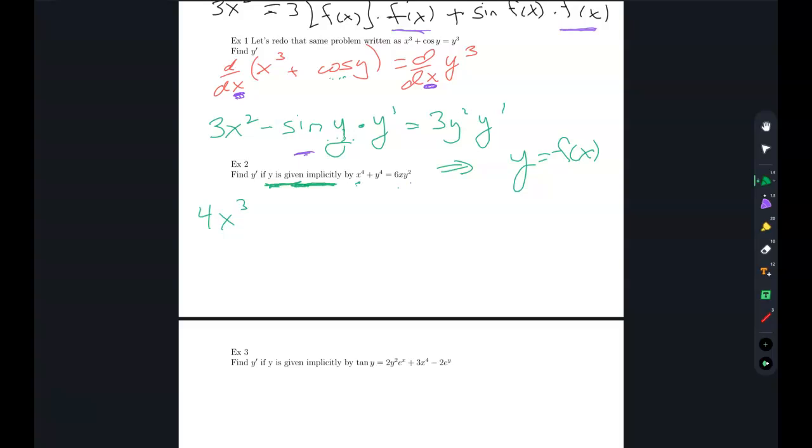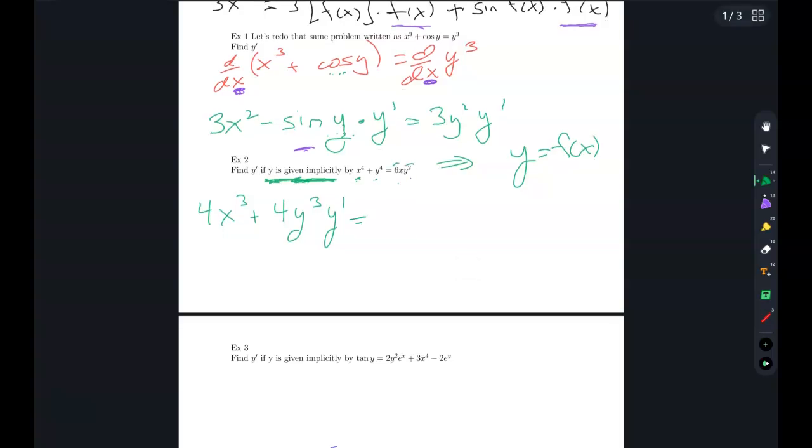Derivative with respect to x with an x base is just it. Now I'm doing chain rule here: 4y cubed times the derivative of y, which is y prime. And then don't forget product rule. My first term is 6x, and I take the derivative of y squared, which is 2y, y prime, plus y squared times the derivative of 6x, which is 6.